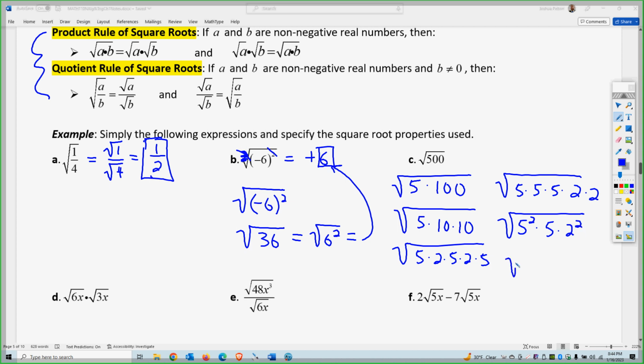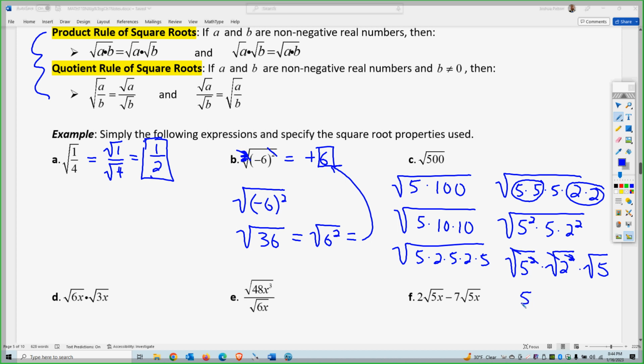We know if we break these apart, 2 of these will cancel. I don't really need to do this much work. I could have stopped a long time ago because I knew right away there was a pair of 5s and a pair of 2s, but I'm trying to illustrate the point that the square root and the square cancel.